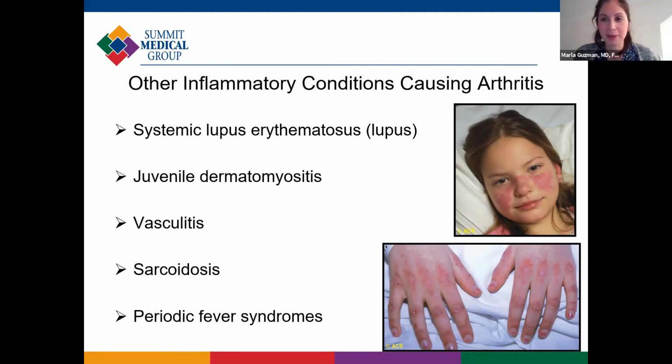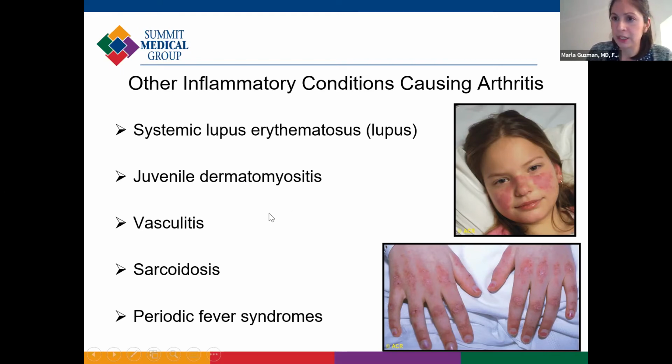We're running a little bit short on time here, so I want to fly through these. So lupus, this is the typical butterfly rash on the face. Something called juvenile dermatomyositis, which is an inflammation of the muscles and joints.